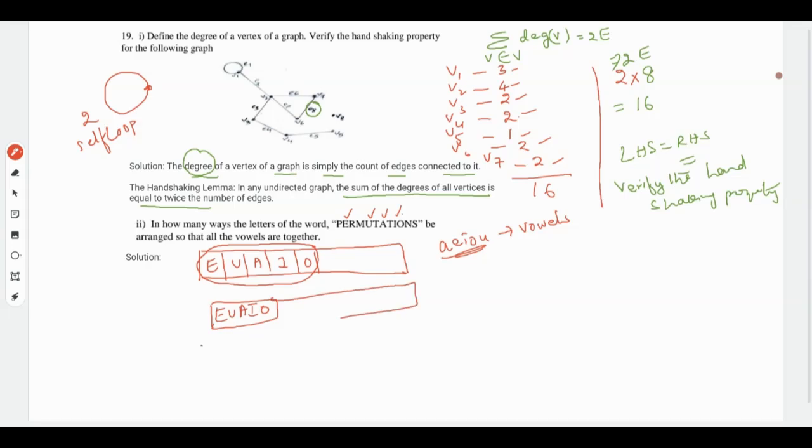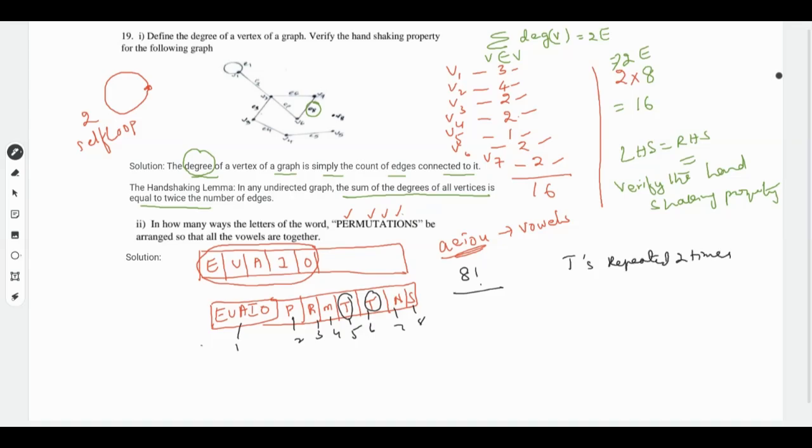Then the remaining ones are P, R, M, T, T, N, S. So when you count, we get 1, 2, 3, 4, 5, 6, 7, 8. We have a total of 8 letters, and T is repeated 2 times.